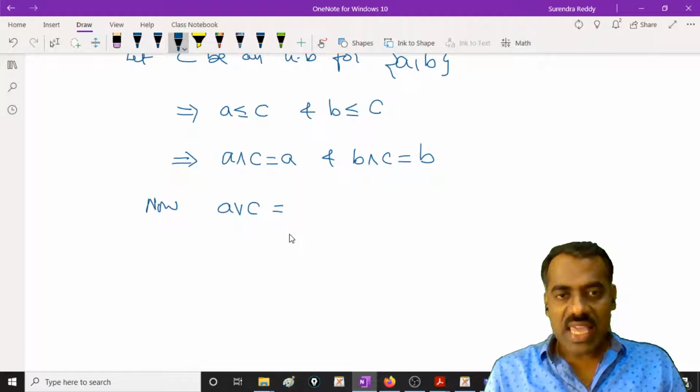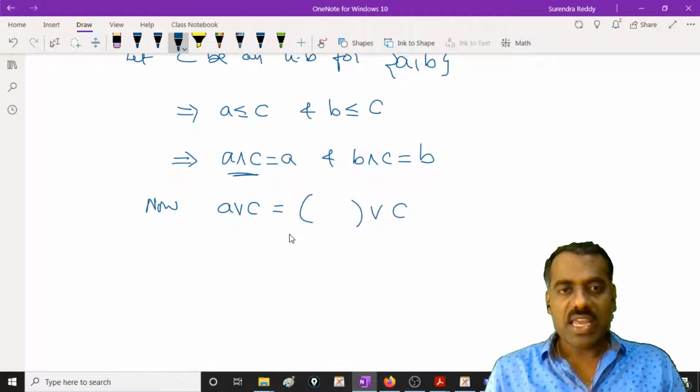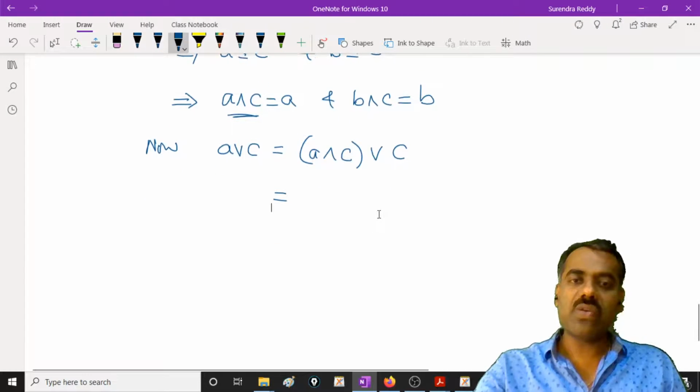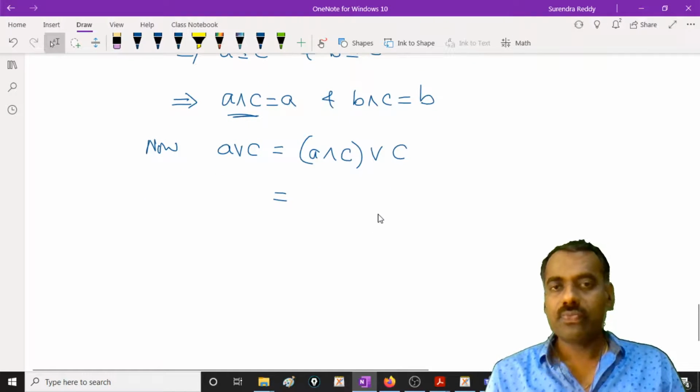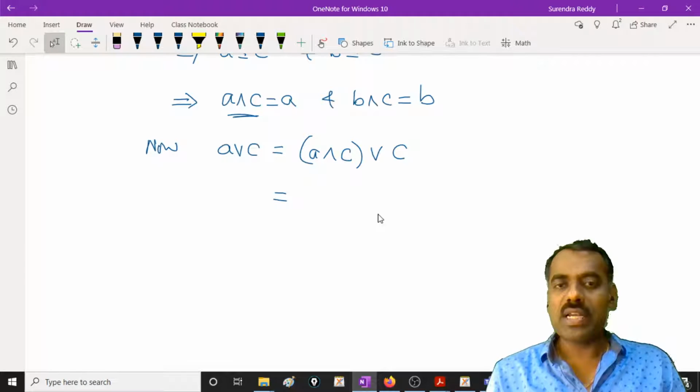In place of this A, I can put A meet C. Now tell me what is this value? Whatever right hand side you have, what is this value? Use the absorption property. What can you say about this, (A meet C) join C?